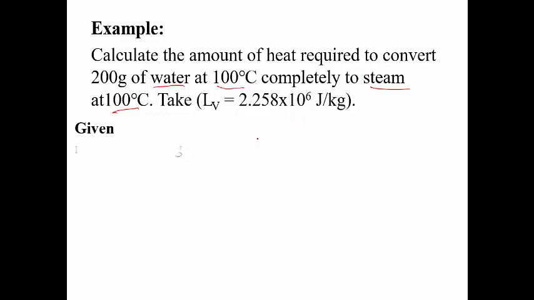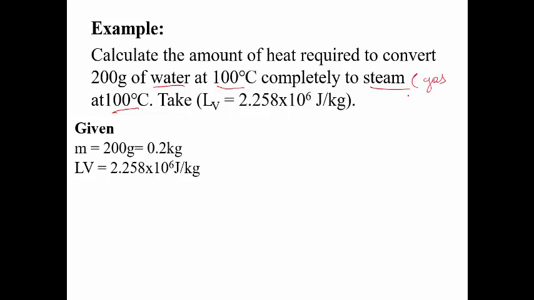Therefore, the givens are mass is 200 grams. In terms of kilogram, dividing by 1000, we get 0.2 kilogram. And LV, the latent heat of vaporization, because it changes to steam, in other words, to gaseous state.